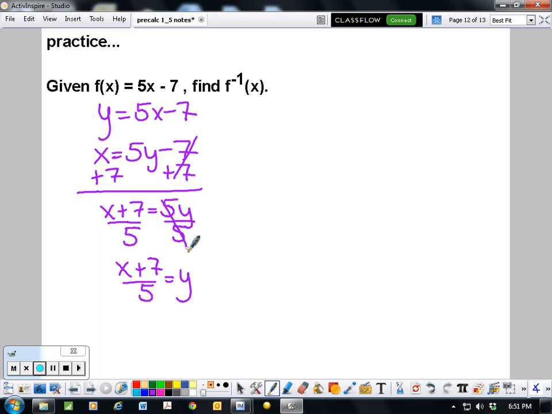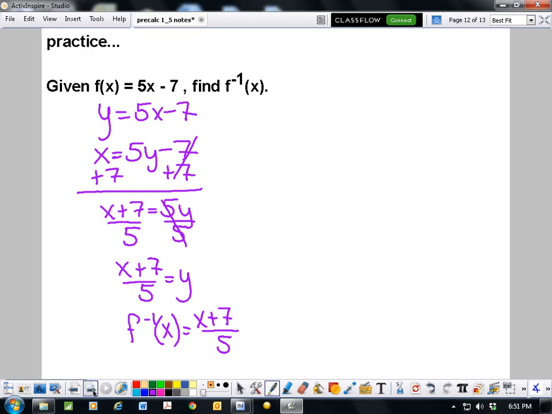And there's our inverse. Now to write it in function form, we take our function inverse, and then we just rewrite our expression. Okay, so that's pretty much inverses right there for you.